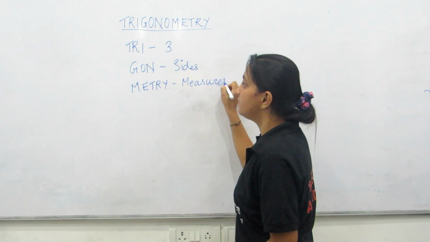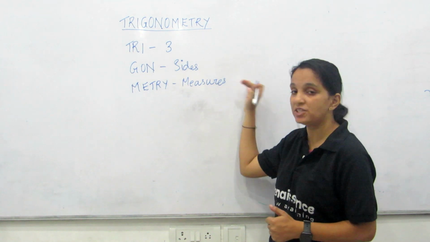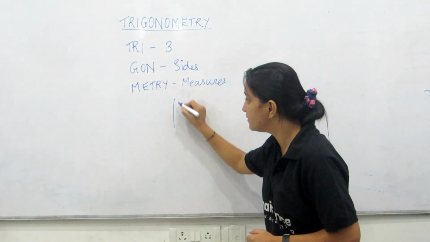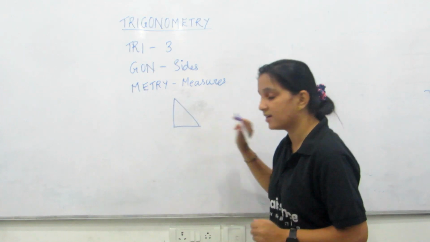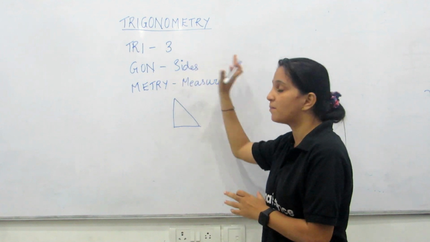All these three words are taken from the Greek language, which means three sides measure. Now which are the three sides? Which are the shapes which deal with three sides? The triangles. We will be dealing with triangles in this trigonometry lesson.